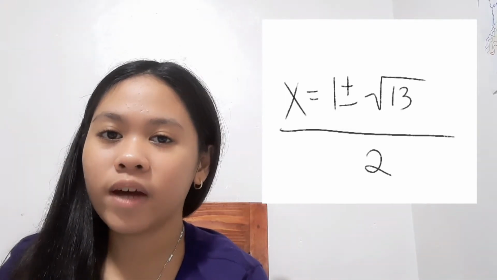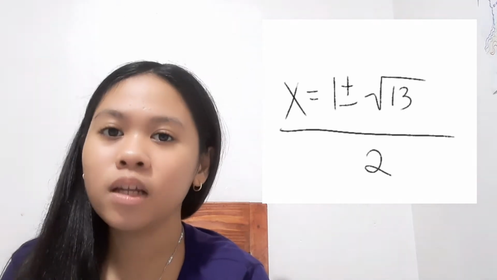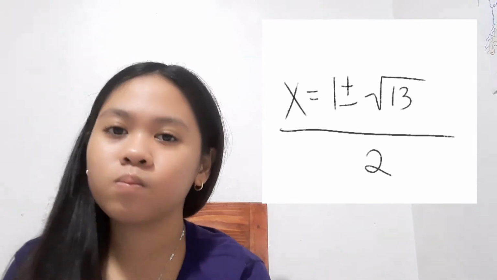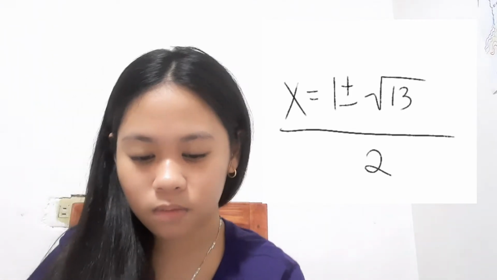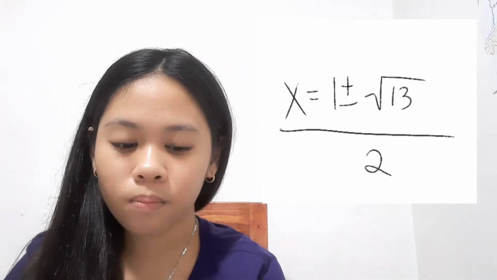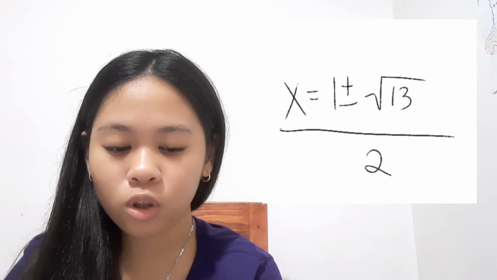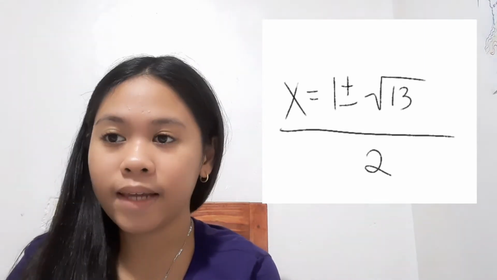And since we also cannot take the square root of 13, we will just leave it like that. So therefore, our final answer is x equals 1 plus or minus the square root of 13, all divided by 2.